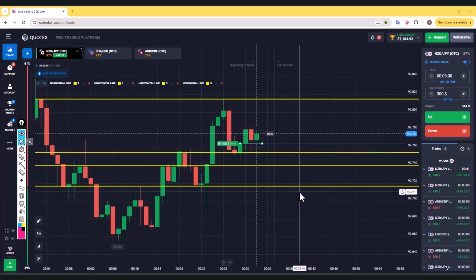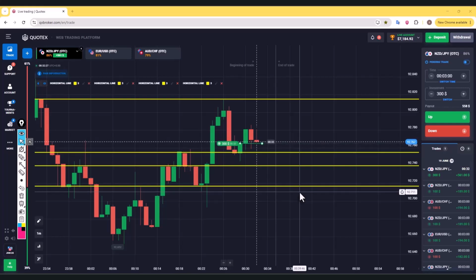Based on these levels and the psychological conditions of the candles, my expectation is that the price will close above the point where I entered. Where was our group's entry? After this candle closes, let's wait and see what the outcome of this trade will be.